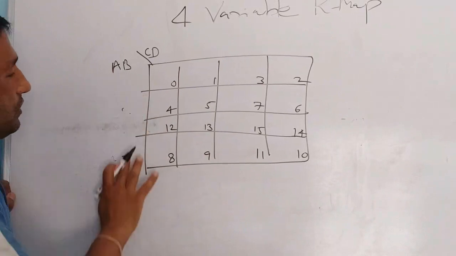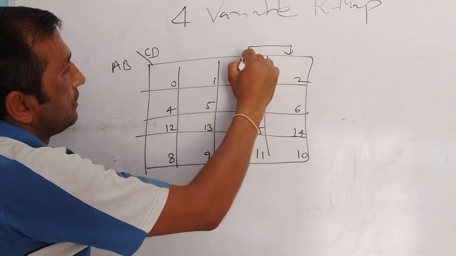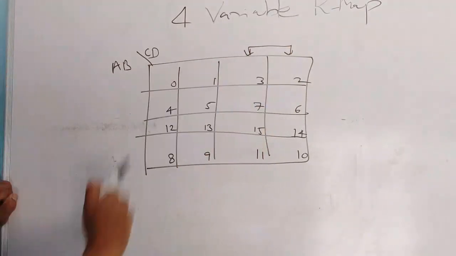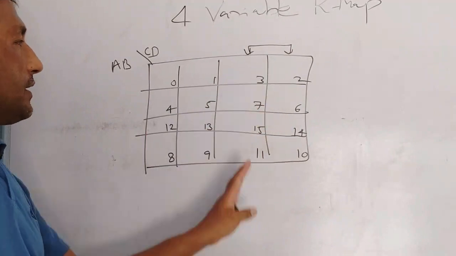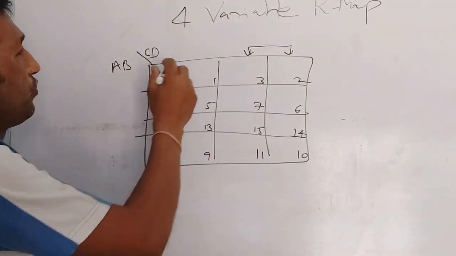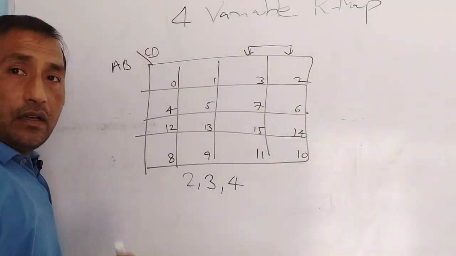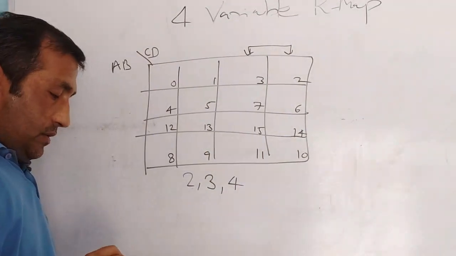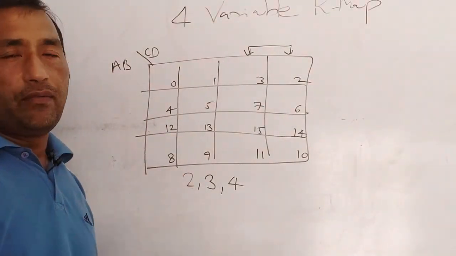This is the way you should fill it, and just jumble the last 2 columns of the gray coding. This is how you can remember it for 2 variable, for 3 variable and for 4 variable.